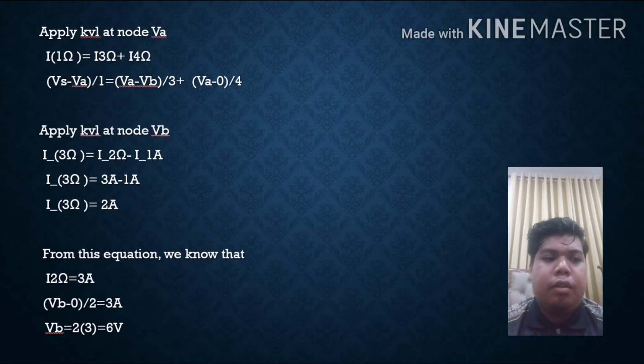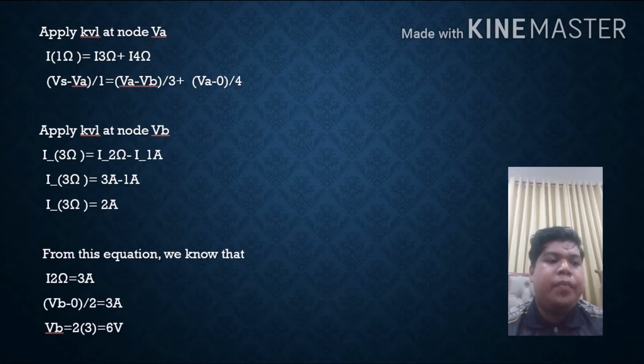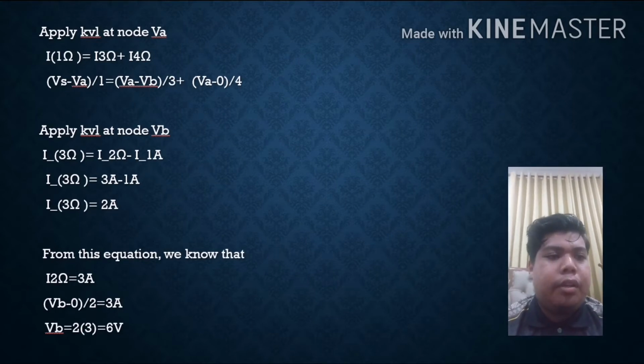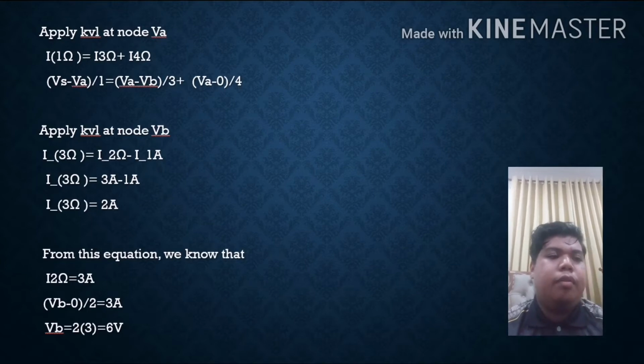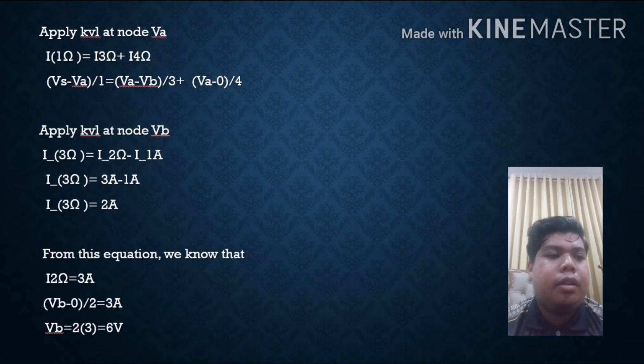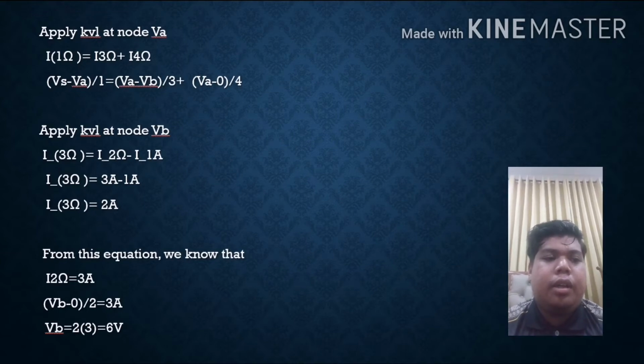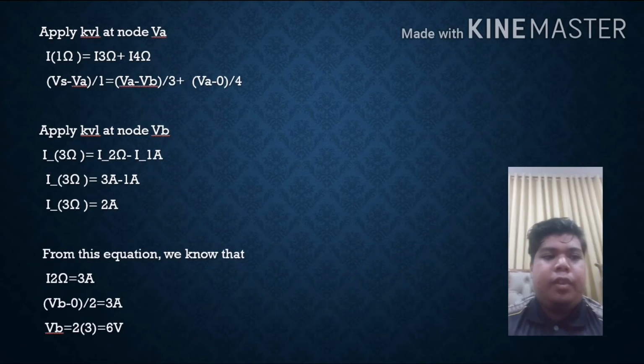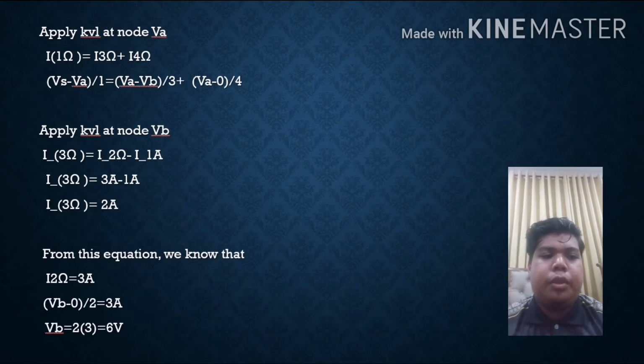So we know that the current flow at the 2 ohm resistance is 3 ampere, and the current flow at the 1 ohm resistance is 1 ampere. So we will do 3 ampere minus 1 ampere. So we will get the current at the 3 ohm resistance equal to 2 ampere.